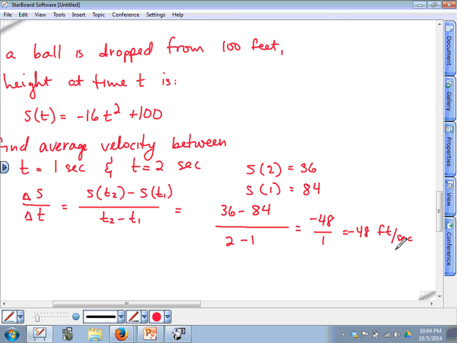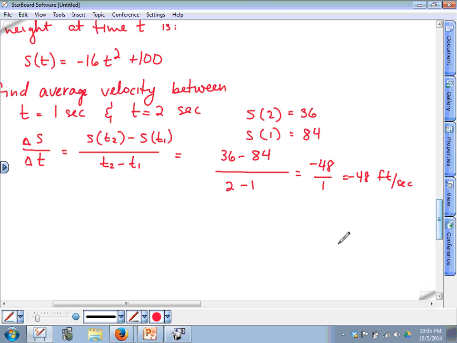If the ball were traveling upward, it would be moving away from the observer, so it would have a positive velocity. Now, you don't want to get this confused with speed. An object's speed is the absolute value of its velocity, so speed can never be negative, but velocities can be positive or negative depending on the movement of the object toward an observer or away from an observer. Anyway, that's the average velocity.